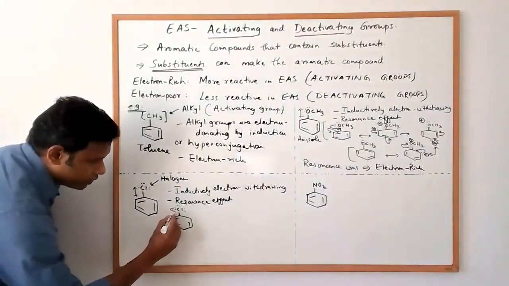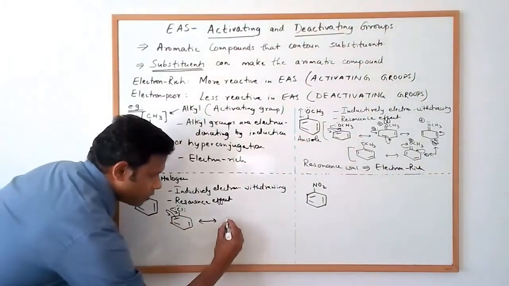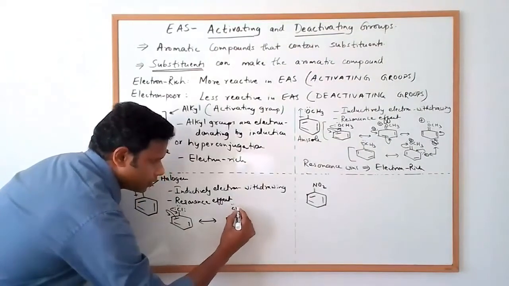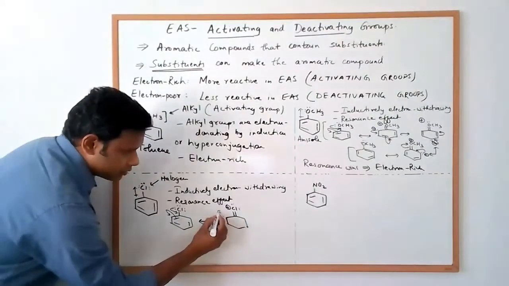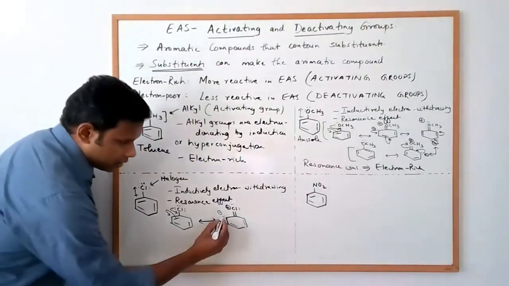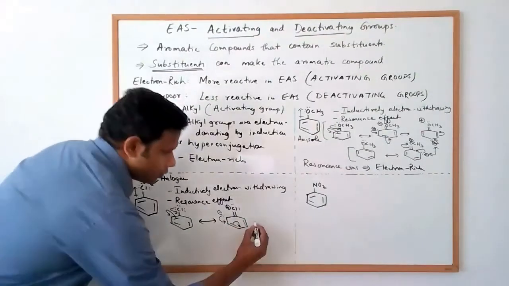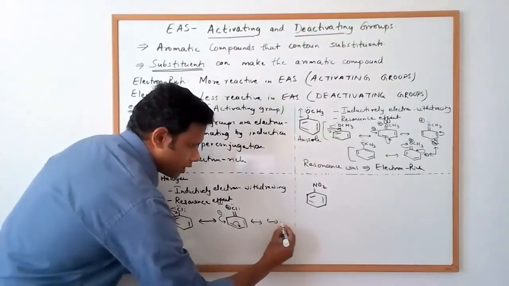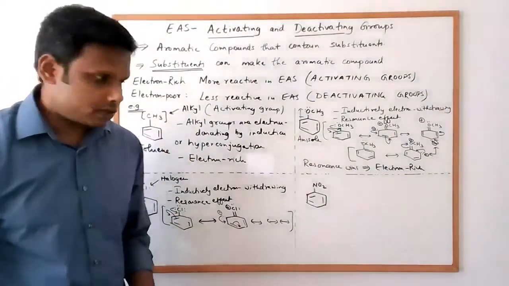Then we can use one of these lone pairs and start doing some resonance. So the second resonance form that we can write would have a double bond to the chlorine, 2 lone pairs, and a positive charge. And there should be a negative charge on this carbon, a double bond here and a double bond there. And then we can use this lone pair and do further resonance. So this is how we will get the other resonance forms. I'm not finishing it off, but we are able to write additional resonance forms.